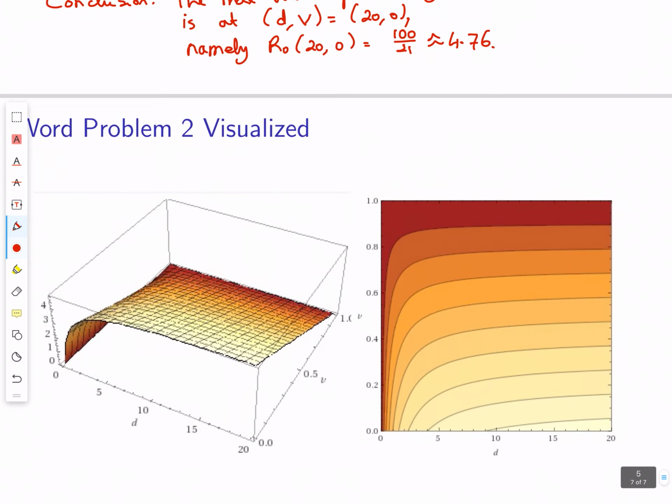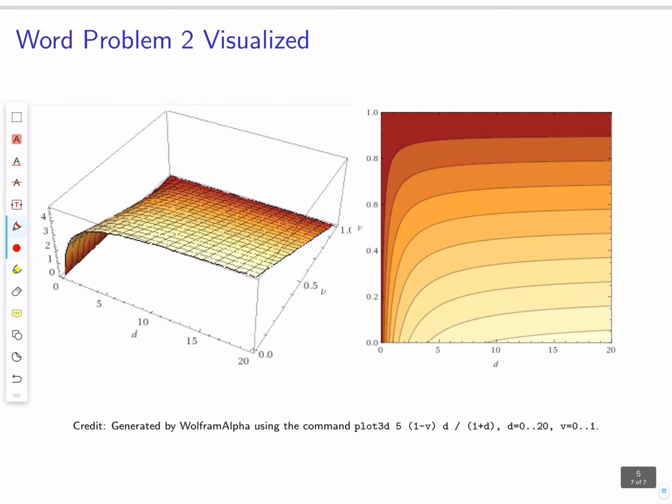And of course, I have to show you the visualization of this particular problem. Here's the surface for R naught on our rectangle where D goes between 0 and 20 and V goes between 0 and 1. You can see very clearly that the maximum is obtained right here, at the point D is 20, V is equal to 0, and R naught is approximately 4.76.